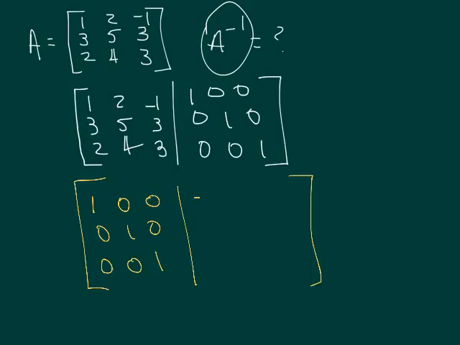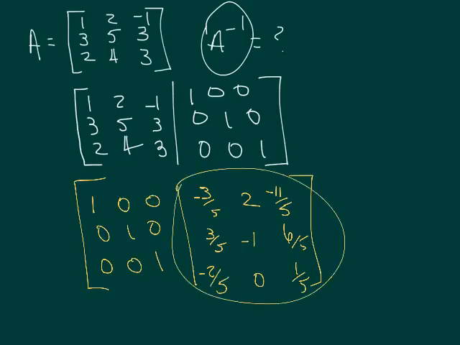So let's just assume that you know what you're doing, and this ends up being the inverse. 6 over 5. So you end up with quite a messy inverse here. 3/5 and -2/5. So that ends up being the inverse of that up there.